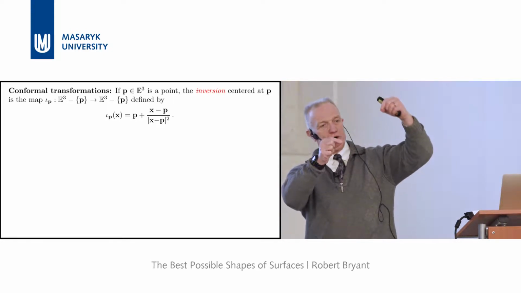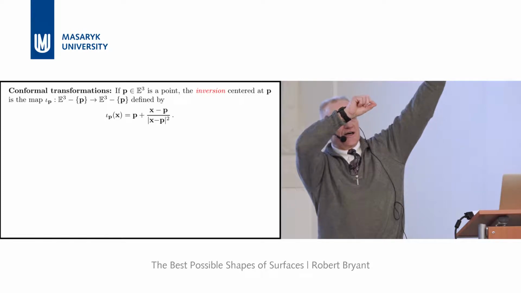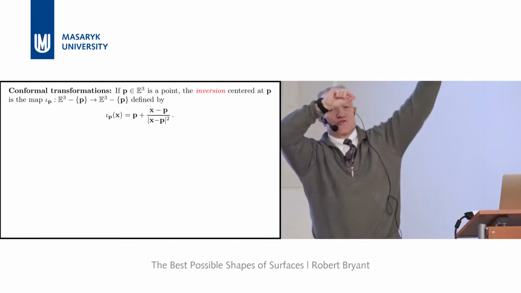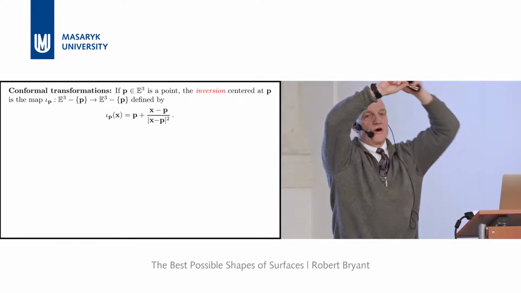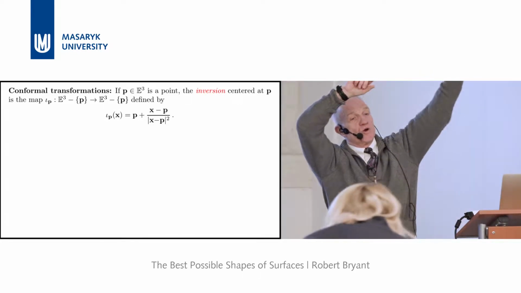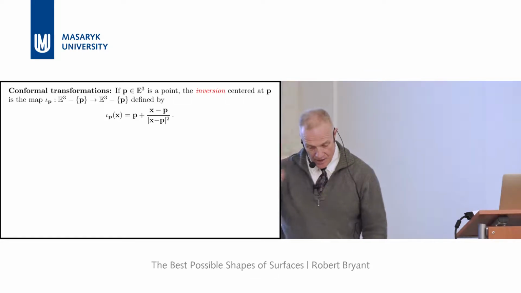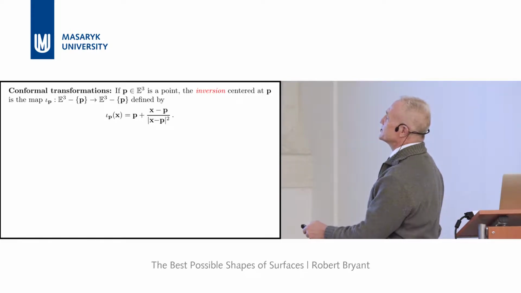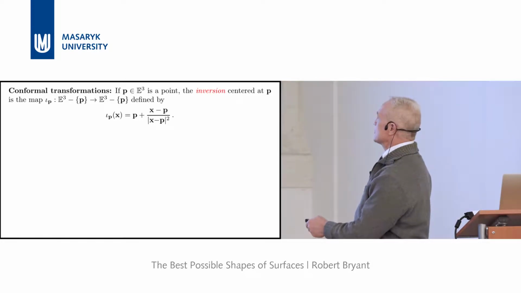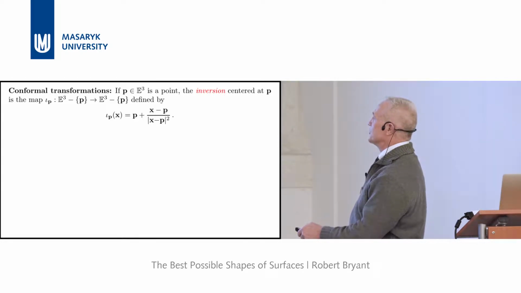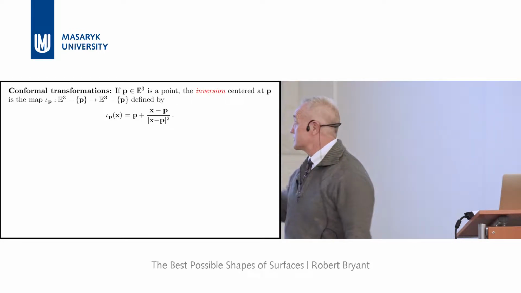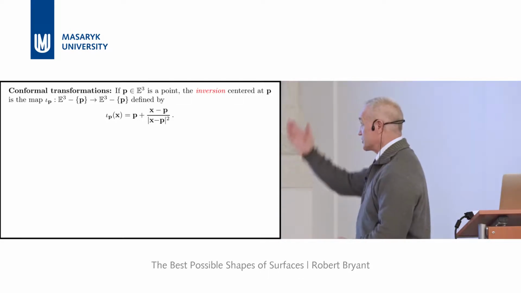That is, every point x, you divide by the squared norm of x. So if x is less than 1 in size, it gets really big. If x has norm 1, it stays norm 1. And if x is bigger than norm 1, it gets moved inside the sphere. Here I'm doing it for any point P, but you can just imagine P is 0. This so-called inversion centered at P is exactly what it means to take a point and invert it with respect to the sphere centered at P. It's just the formula.